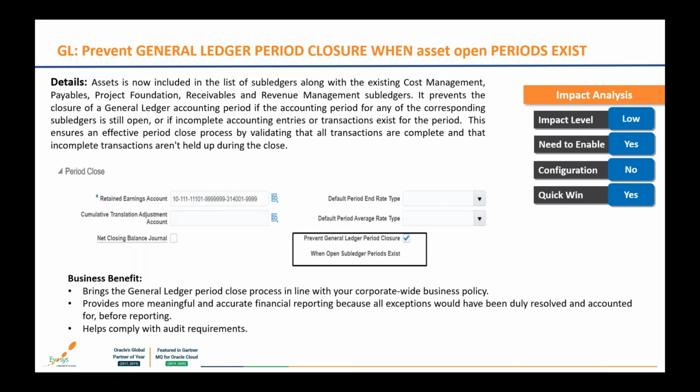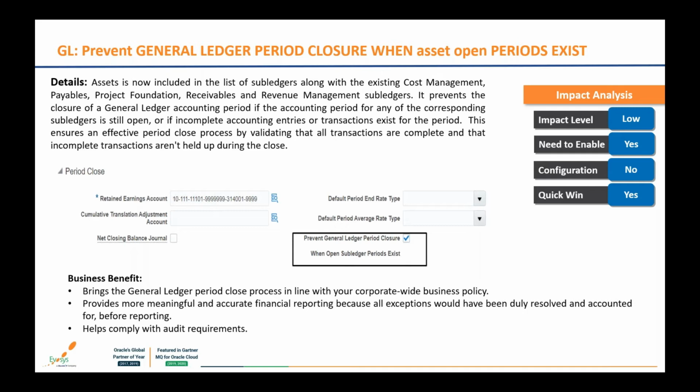But Oracle had introduced only a limited number of subledgers in that. So in 20D, we had cost management, payables, receivables, and revenue management. But now with 21A, Oracle has introduced assets. So until the fixed assets period is closed, we cannot close the GL period.